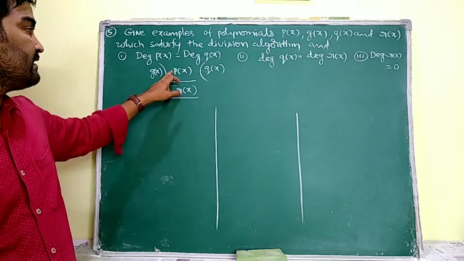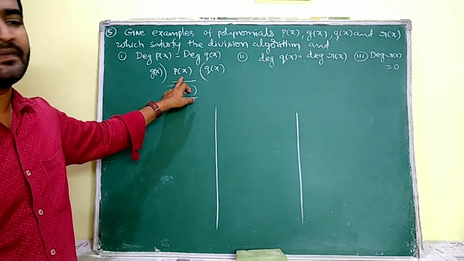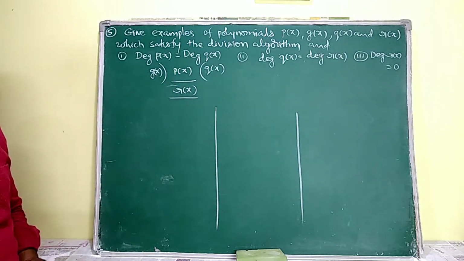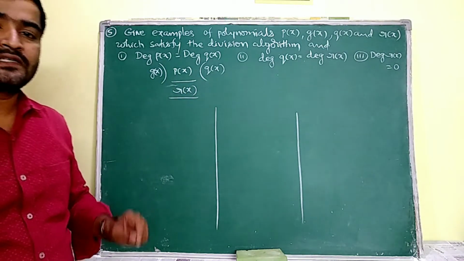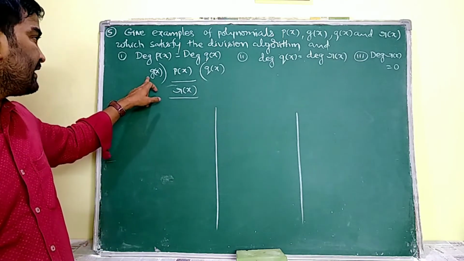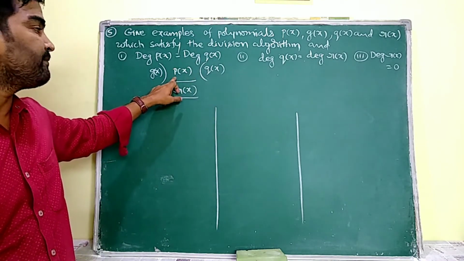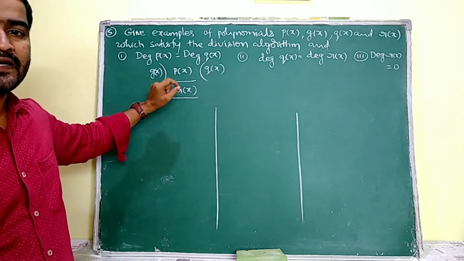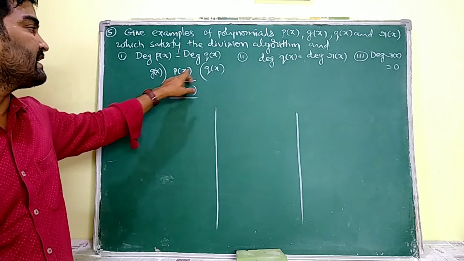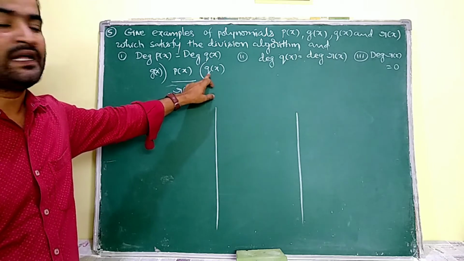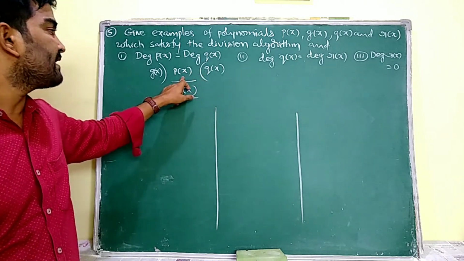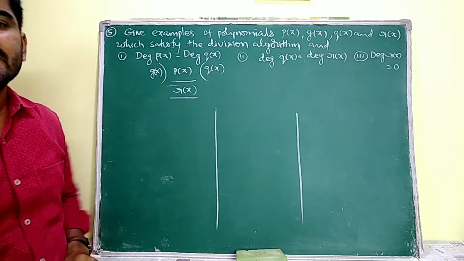But here these two degrees are same, he said. Listen very carefully. We know degree of g of x plus degree of q of x is equal to degree of p of x. But here he gave degree of p of x and degree of q of x are same. That means if these two degrees are same, then definitely the degree of g of x is 0.